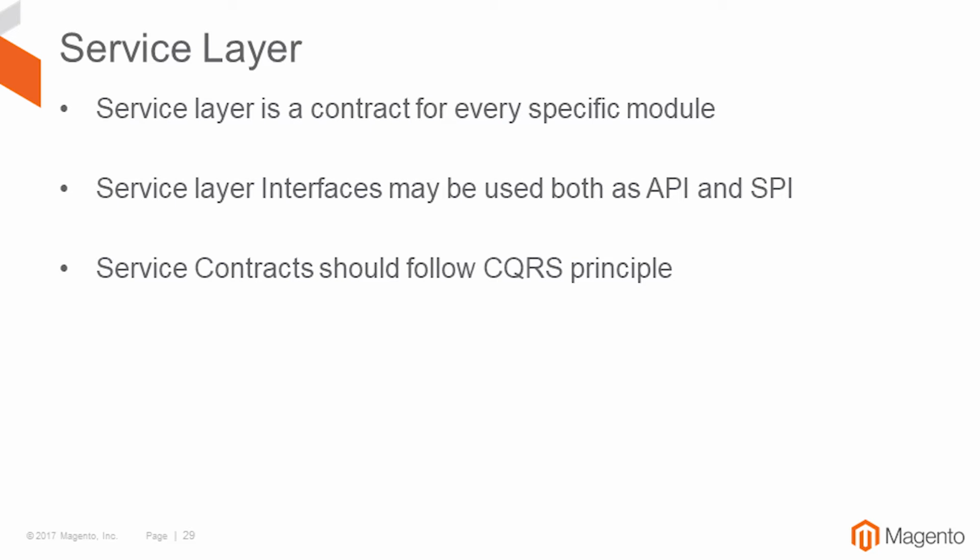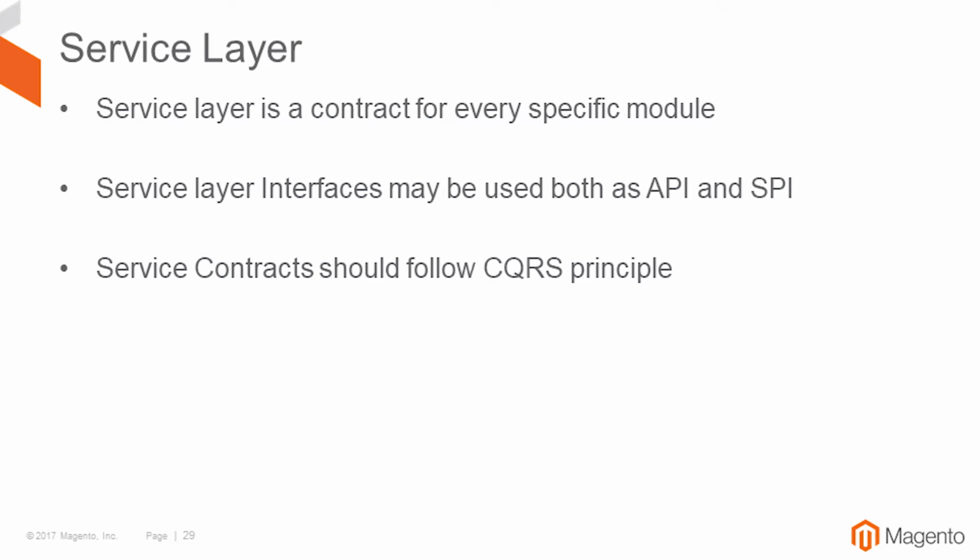So any API interface, the ones you see in the module's API namespace, may be used as SPI as well, by simply providing your own implementation for that interface. That may be useful at some points. Maybe somebody would like to rewrite the behavior of a module completely. This is possible using SPI.